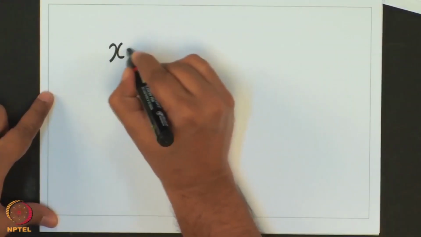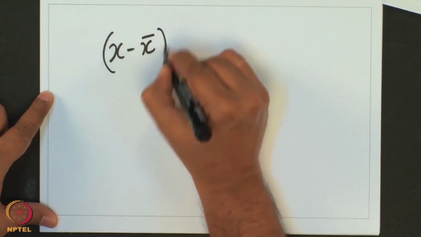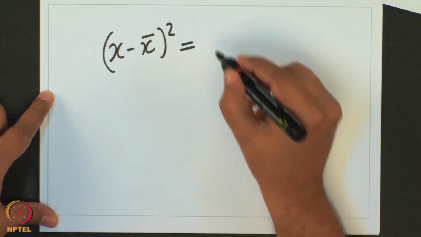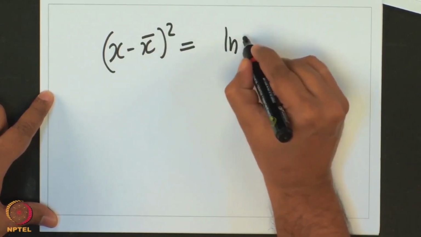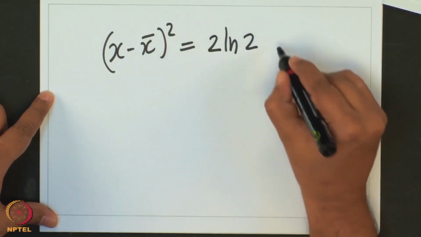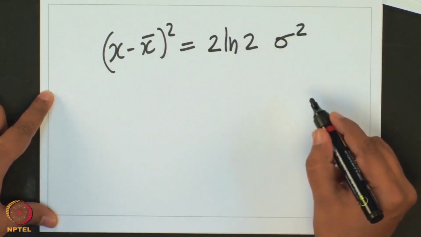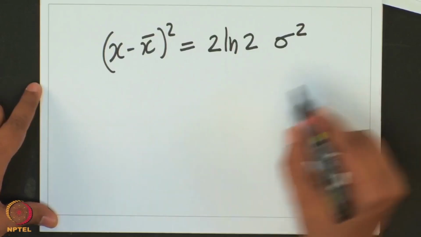What I would get is that (x minus x bar) whole square is equal to 2 log 2 sigma square. That's what I would get.